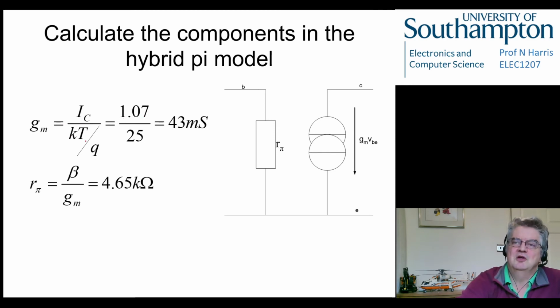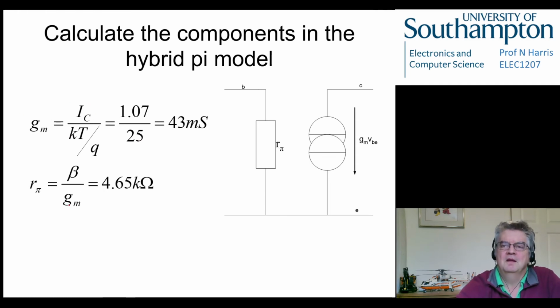KT over Q, if you put the numbers in, comes out to 25.3 millivolts, but 25 will be fine. Do that sum and you end up with 43 millisiemens. So now we've got a fixed value for GM for the condition where IC equals 1.07.